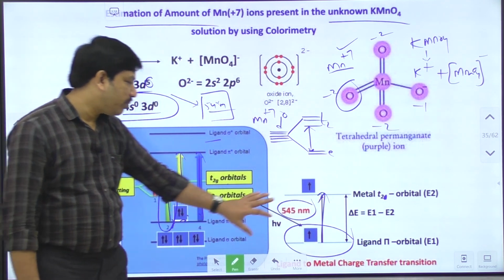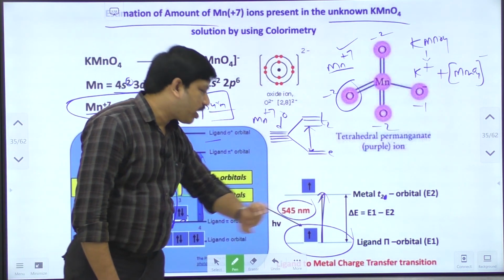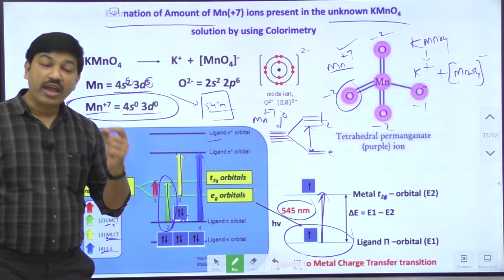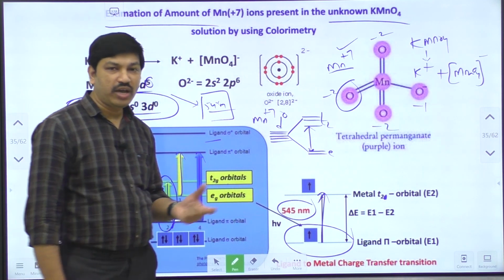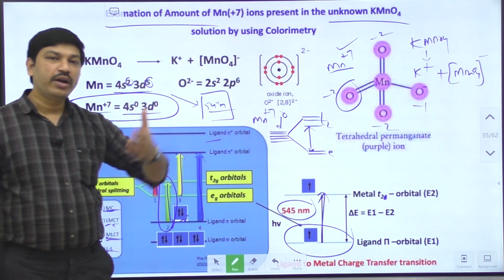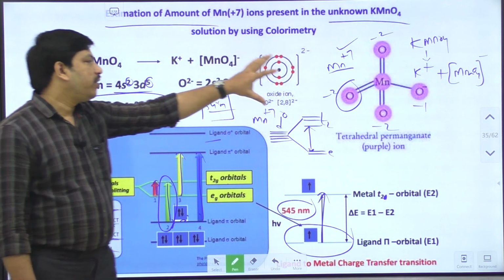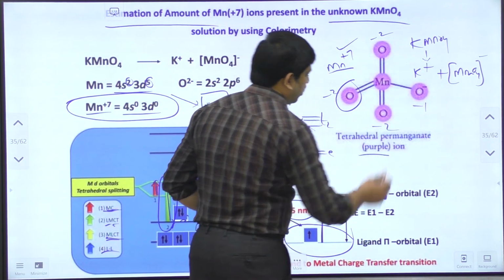This transition is possible in potassium permanganate, and it requires 545 nanometers energy, which is in the region of visible light, 400 to 800. Therefore, this compound shows a resultant purple color.